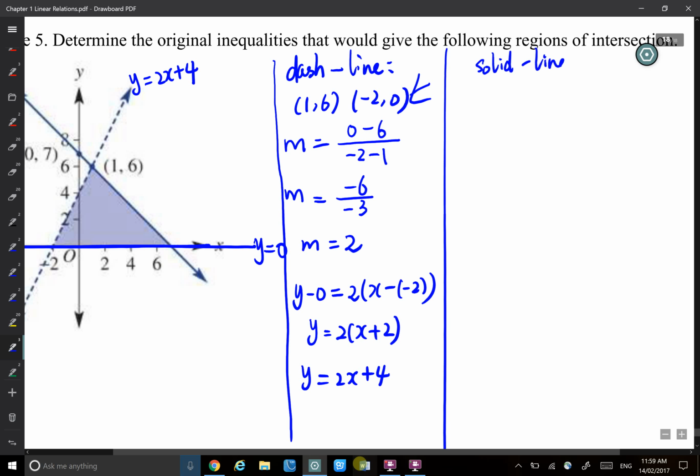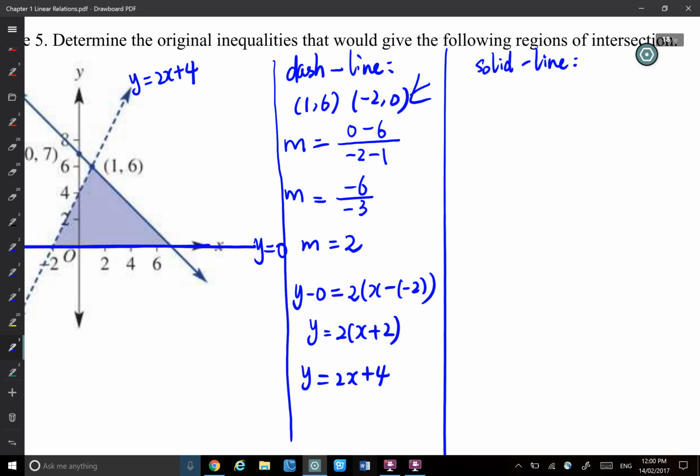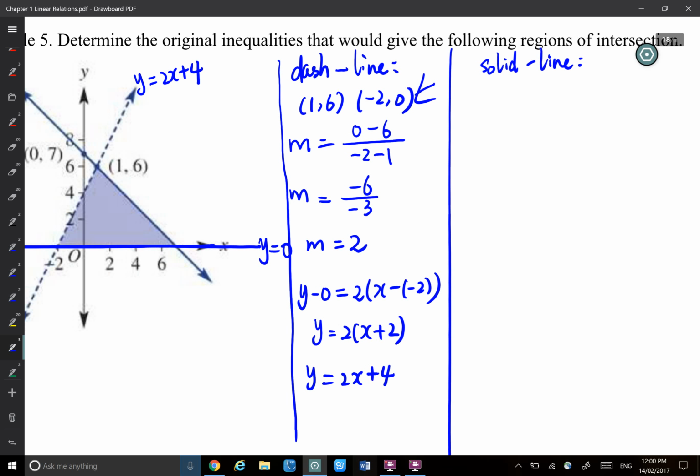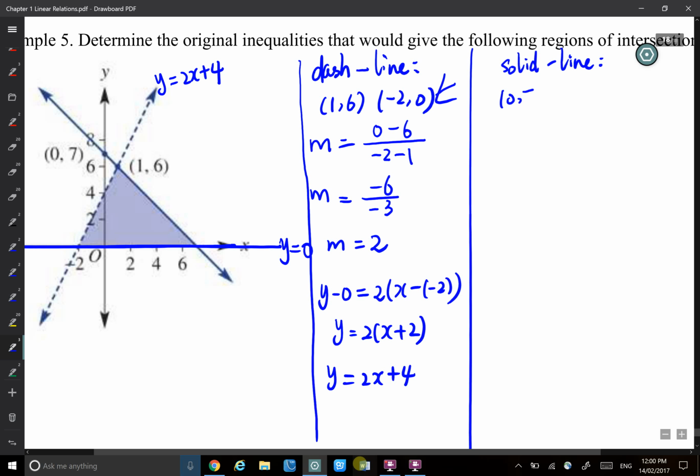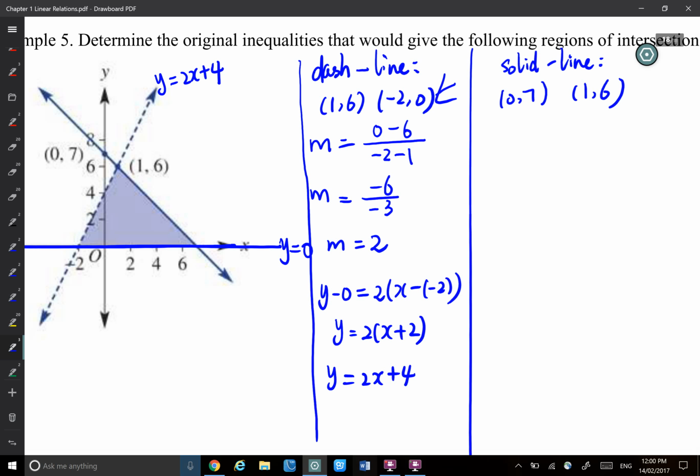And for the solid line. For the solid line, it passes through the point (0, 7) and it also passes through the point (1, 6). Question is, do I know the gradient?